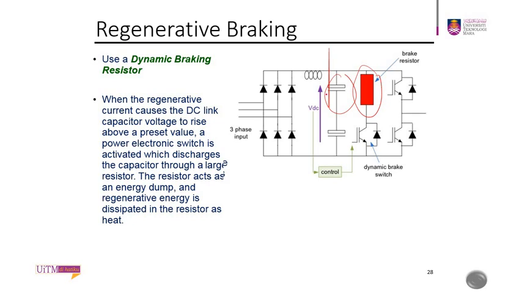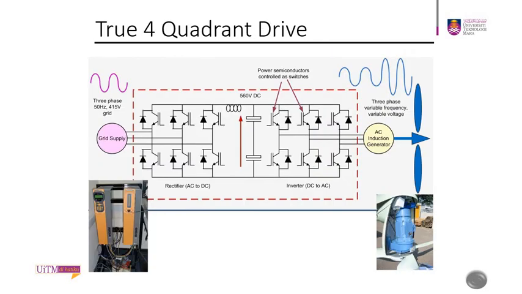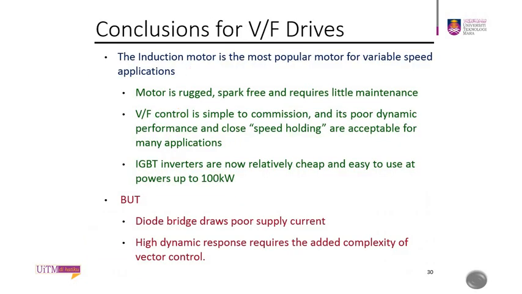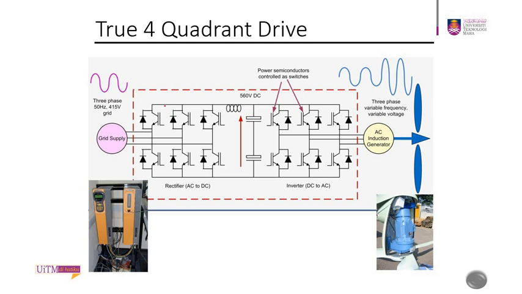It will dissipate it in the resistor as heat. So this is one device for regenerative braking, in order to control the excessive energy. And also if it's a 4-quadrant drive, it will have this regenerative capability. It will supply back to the grid.